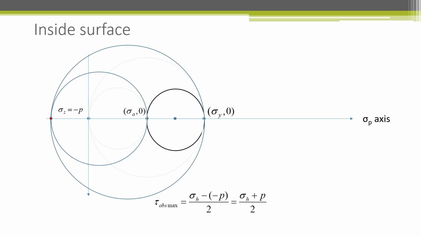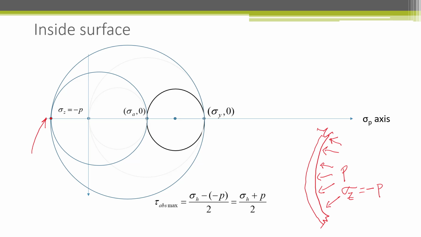The internal pressure of magnitude P on the shell produces a radial stress in the z direction. The effect is shown by the red dot on the left side of the large Mohr circle. The outside surface Mohr circle is shown by the light gray smaller circles with a left boundary on 0.